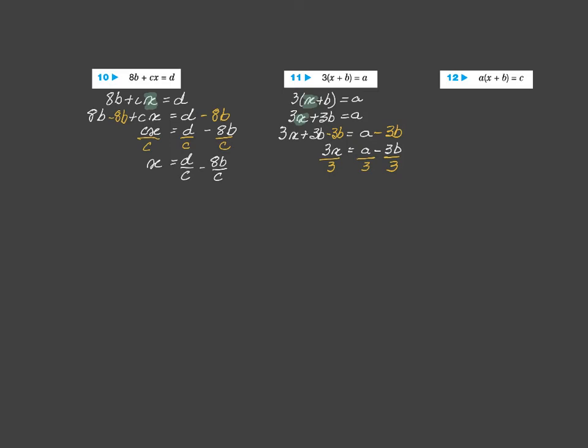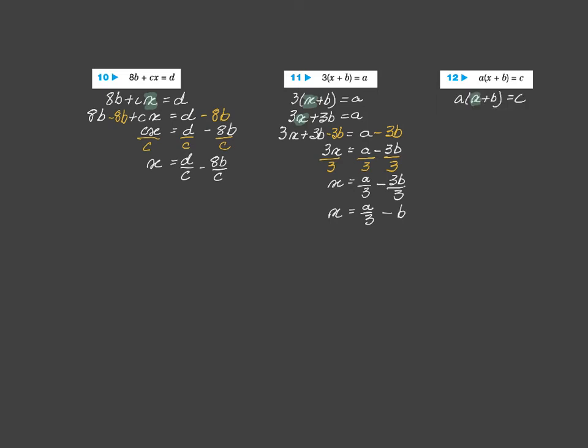On the left, 3 divided by 3 is 1x is equal to a over 3 minus 3b over 3. You should be able to see that you've got 3 over 3 here, so it's 1b. Our answer in this case is x is equal to a over 3 minus 1b. That second term can simplify.